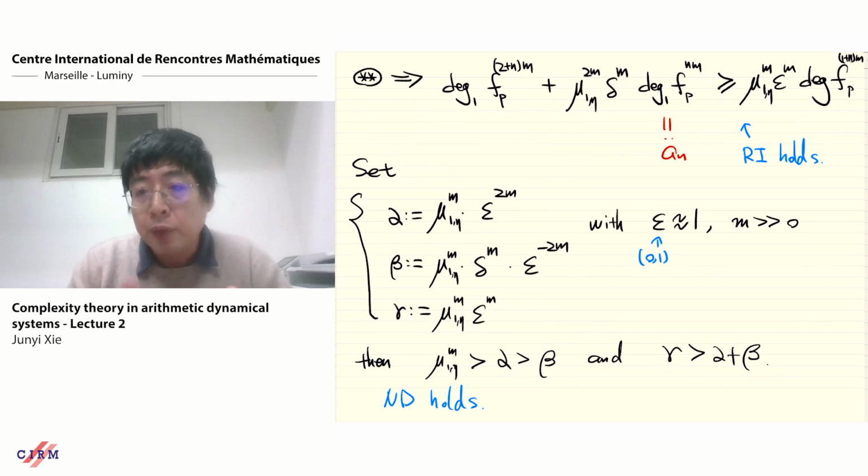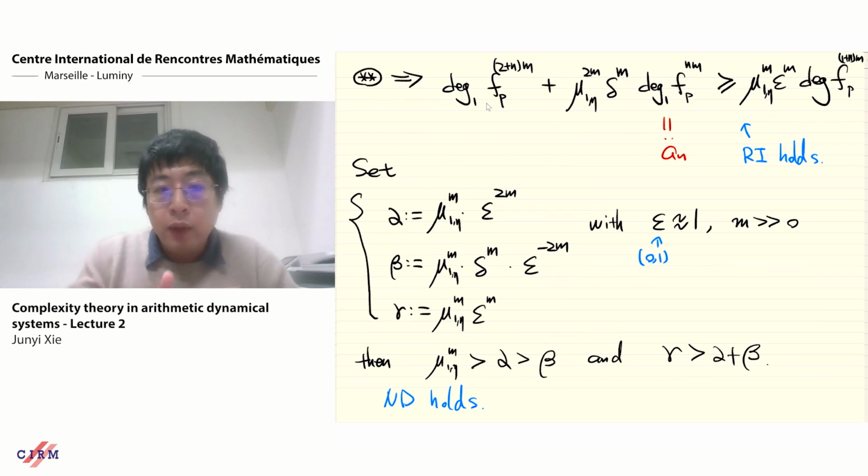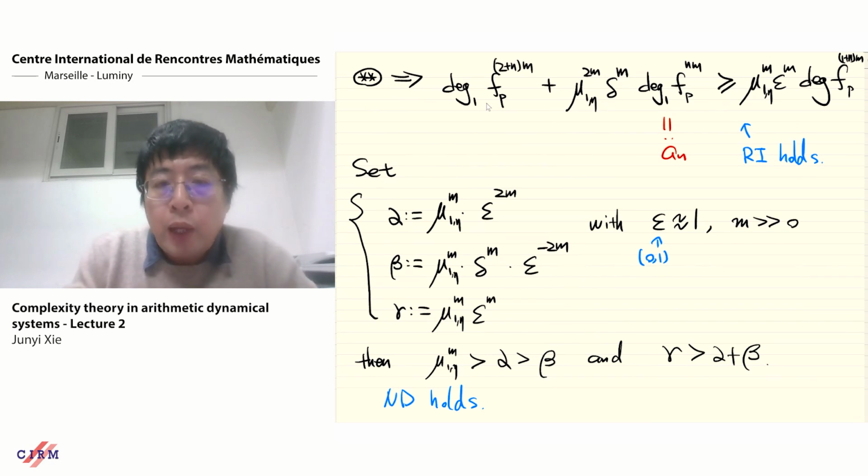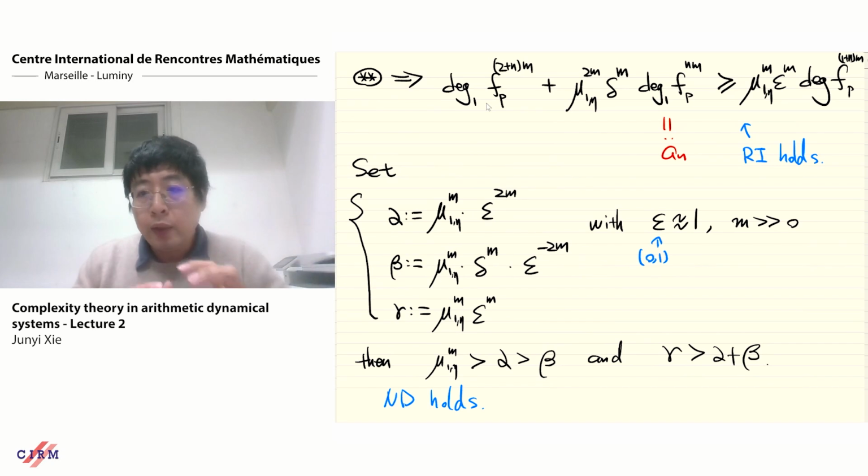Okay, now we can show how to use it. By our two-star inequality, it implies this inequality: the first degree of F_{p}^{2m+Nm} plus mu1 eta^{2m} delta_m times degree 1 of F_p^{Nm} is larger than or equal to mu1 eta^m epsilon_m times degree 1 of F_p^{m+Nm}.